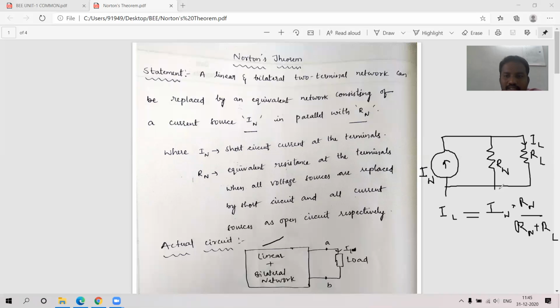Let us take one example for solving this. Whatever the network is, suppose a load is there, we have to remove that load temporarily. Step one, remove the load temporarily. After removing the load, we need to short circuit that path. After short circuiting, you are going to get some current. Let me go to the next page.